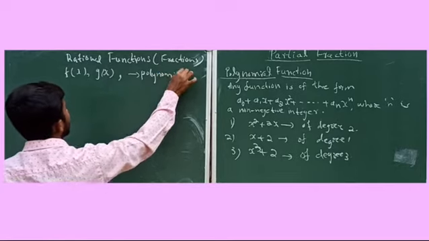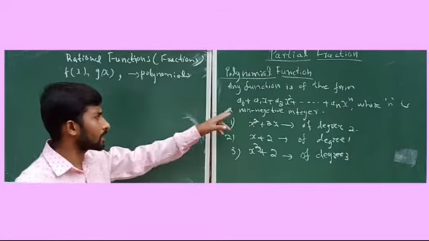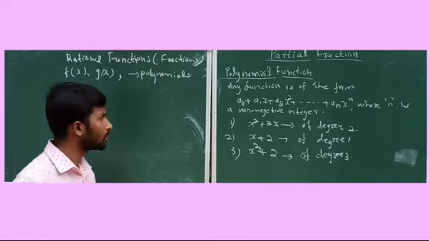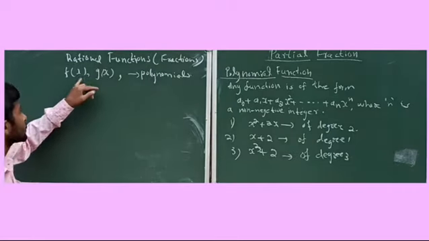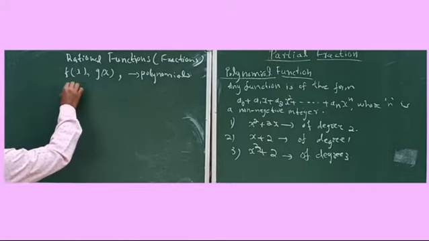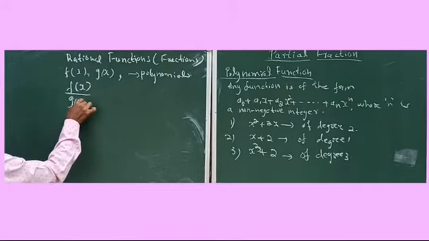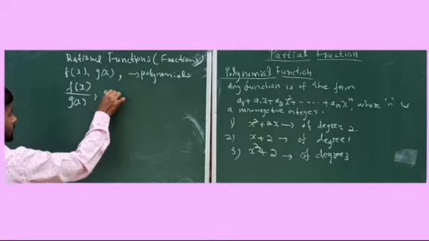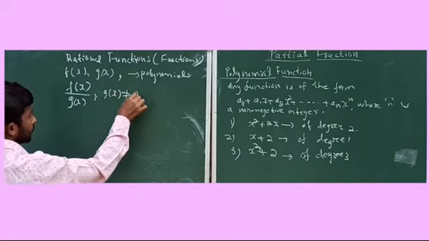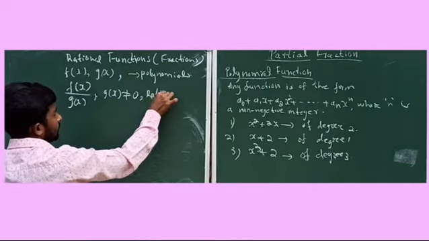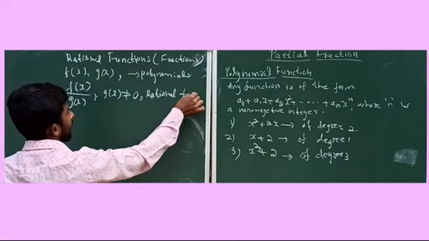That means these functions are in the form a0 plus a1x plus dash dash an into x to the power n. I am taking two functions f of x and g of x. Then f of x divided by g of x, g of x not equal to 0, is called a rational function or rational fraction.